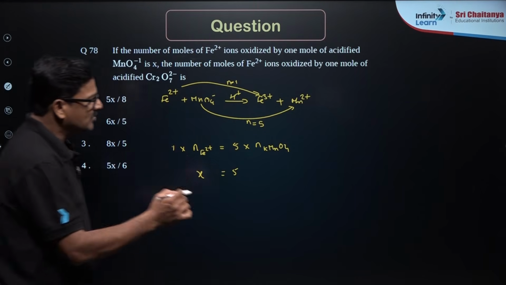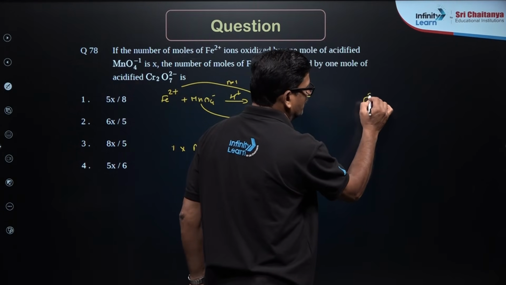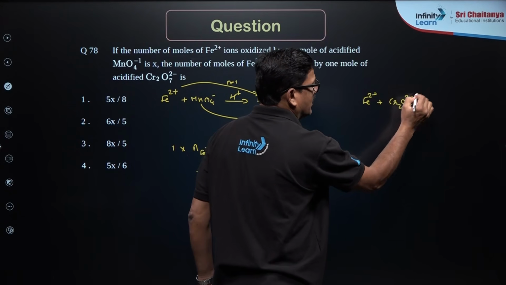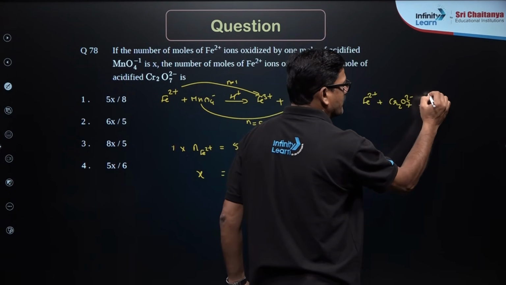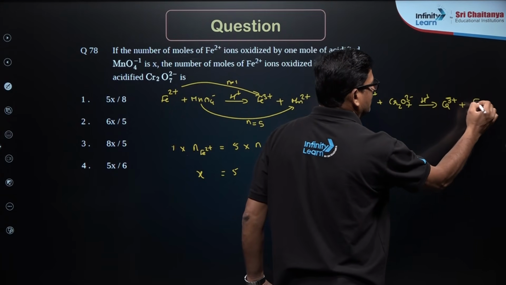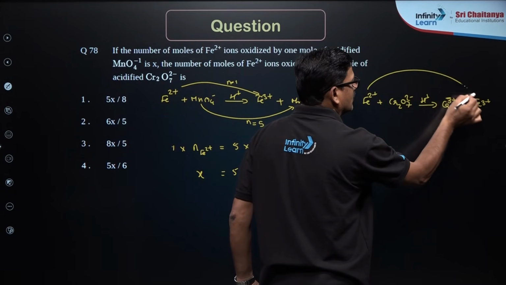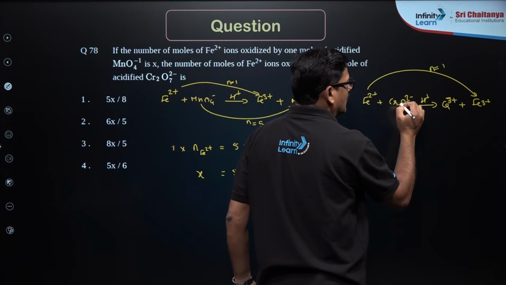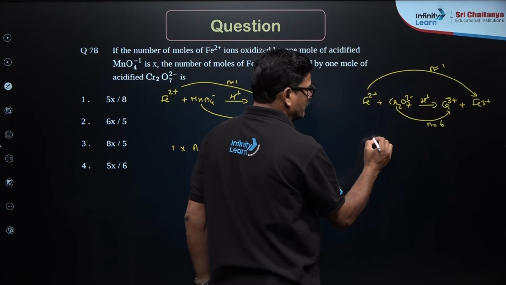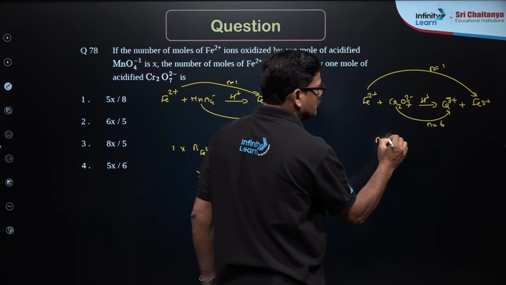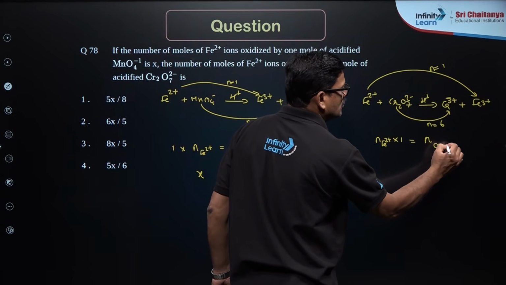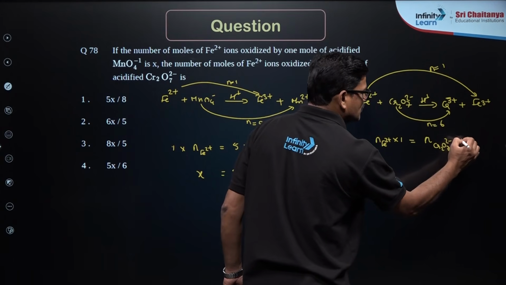Now, if you take Fe2+ and K2Cr2O7, Cr2O7 2 minus in the acidic medium gives Cr3+ and Fe3+. Again you are going to see n is equal to 1 for iron. Here it is going to be n is equal to 6. I mean to say number of moles of iron 2+ into 1 is equal to number of moles of Cr2O7 2 minus into 6.